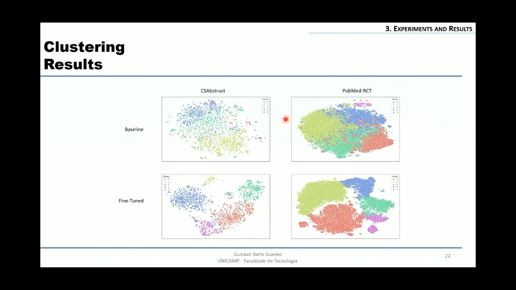So KNN is a classifier that works with the distance between samples. If two samples are closer, this means that they belong to the same label. This is a very high level explanation, but that's how it works.